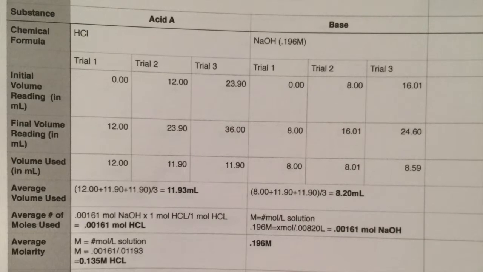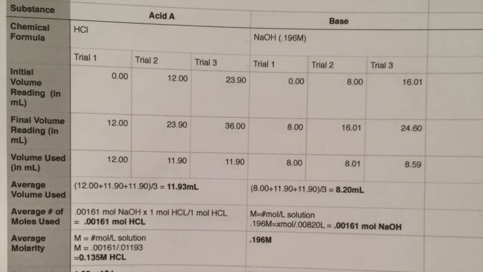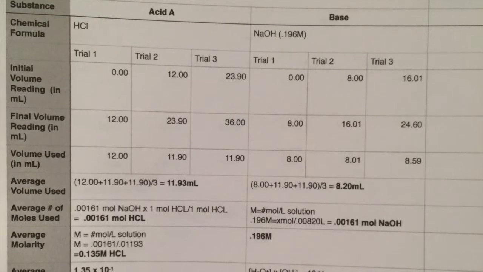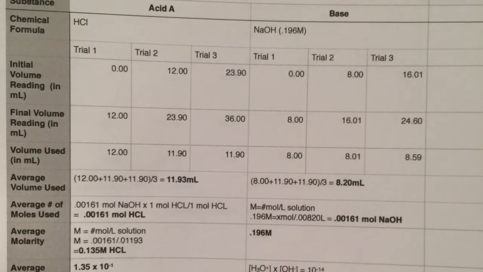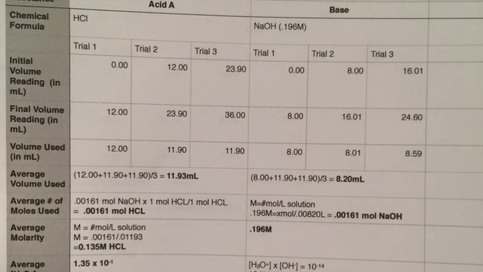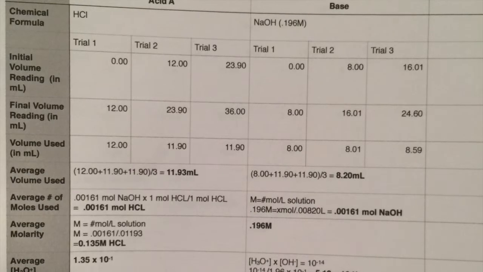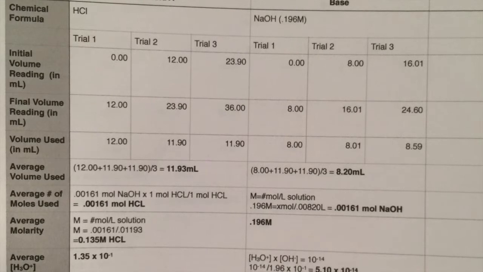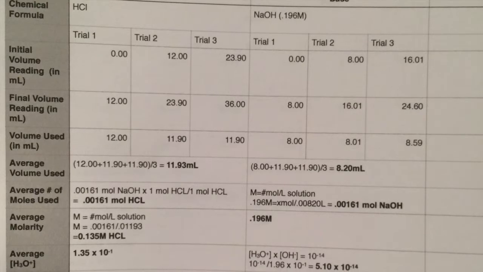Using the equation molarity equals number of moles divided by liters of solution, the value 0.00161 moles of NaOH was found by solving the equation 0.196 molarity equals X moles over 0.00820 liters. Because the mole ratio between HCl and NaOH was 1:1, the average number of moles used for HCl was the exact same as the average number of moles used for NaOH.